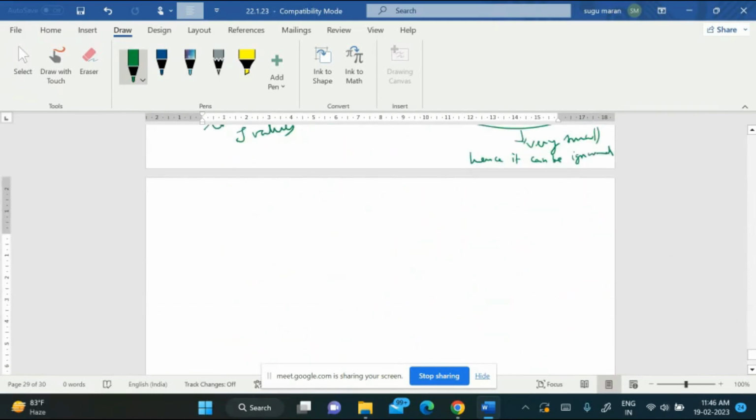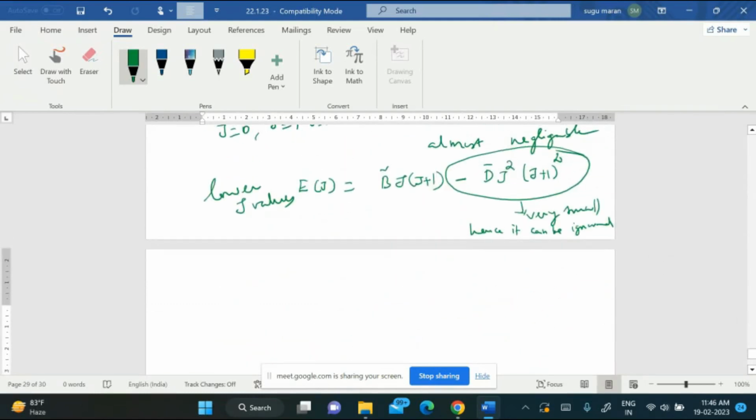But when it comes to higher J values, when J is high, 10 or more, this value, J squared (J plus 1) squared, is appreciable.